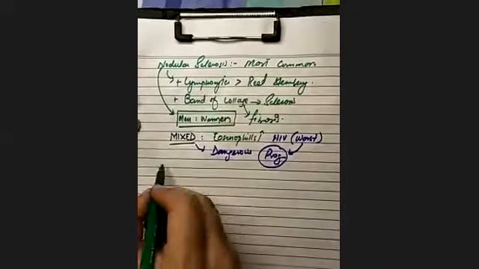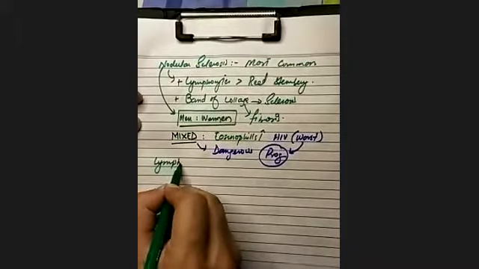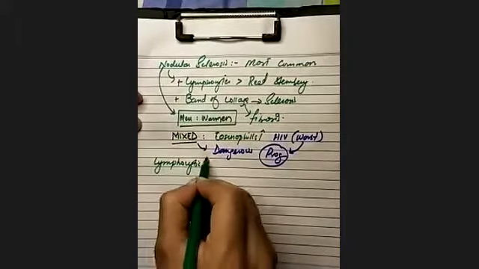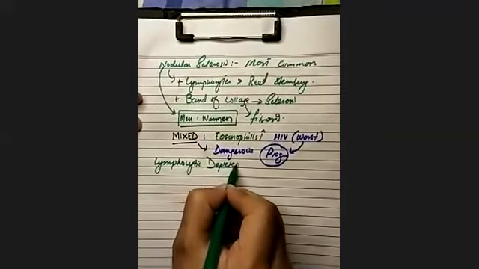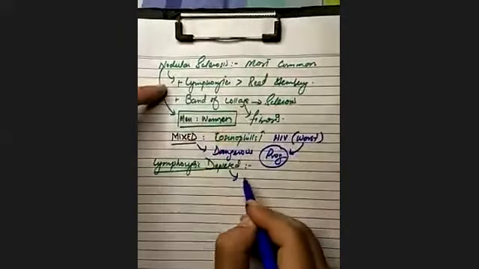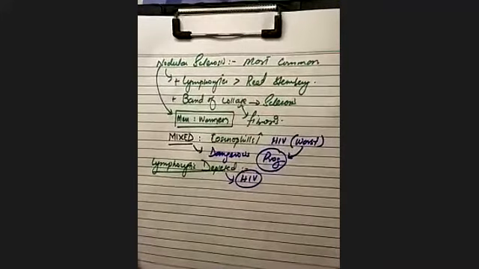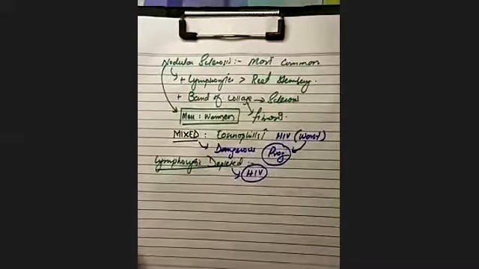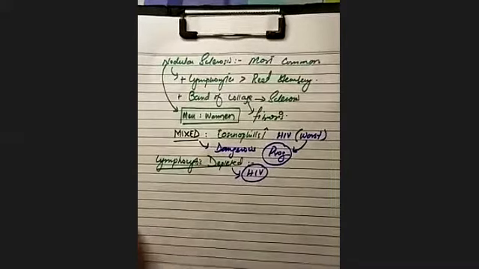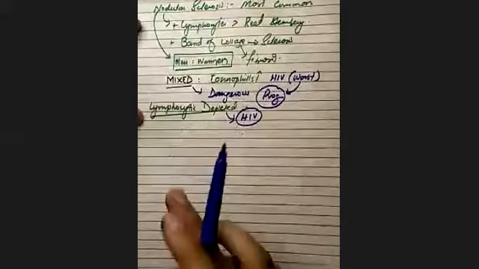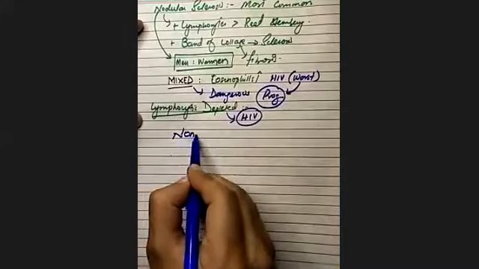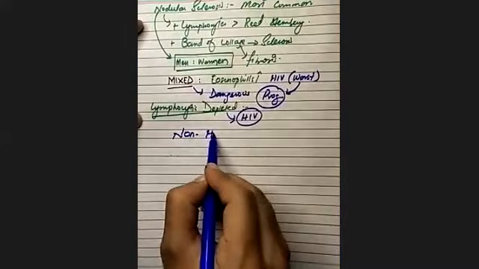What about the lymphocytic depleted type? Seen in HIV again or immunocompromised patients, with very poor prognosis.